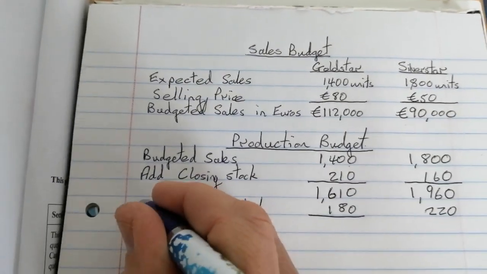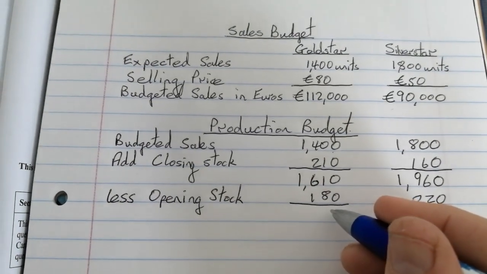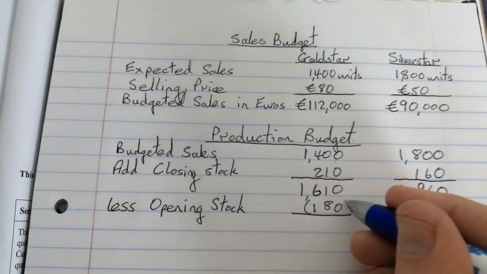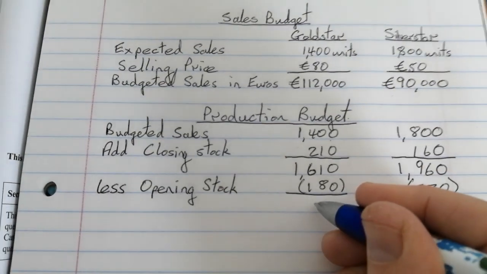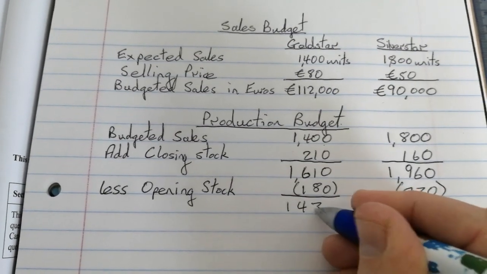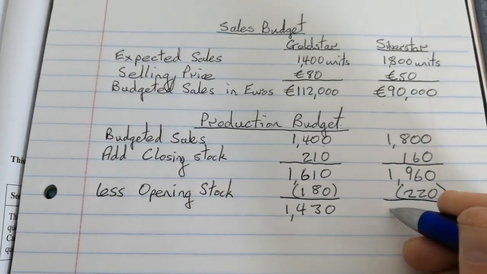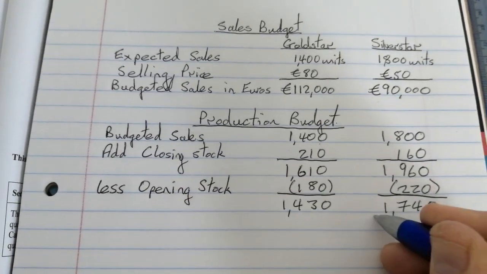So I can subtract, or say less, the opening stock. And if I subtract that from that, and normally when I'm subtracting, I put a bracket around this to show that it's a minus figure, if you like, in accounting. And I get here 1,430, and here 1,740. Okay.